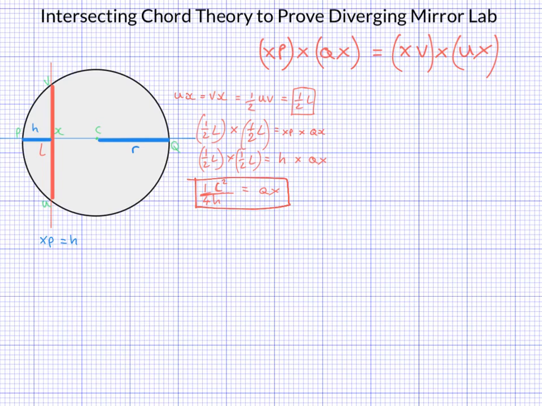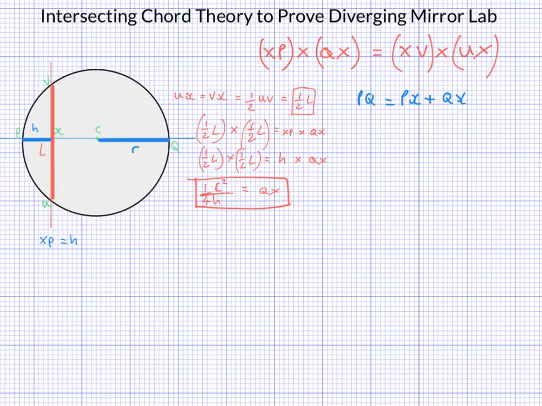But let's move on and look at the blue part of the line, in other words the P, X, C, and Q. So what can we say about that? Well, we can say that PQ is equal to PX plus QX.